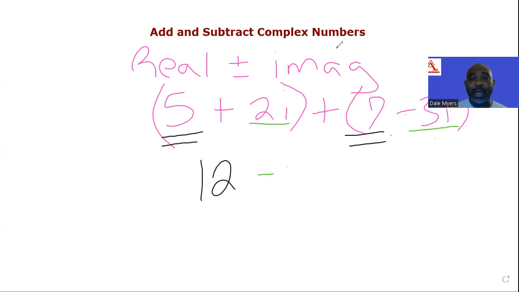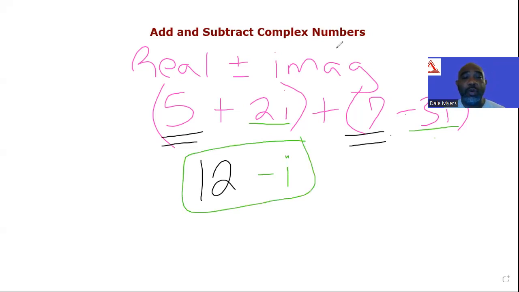So that's negative 1i, or just negative i. That is our answer. So again, when adding and subtracting complex numbers, you add the real parts, and then you add the imaginary parts. Straightforward.